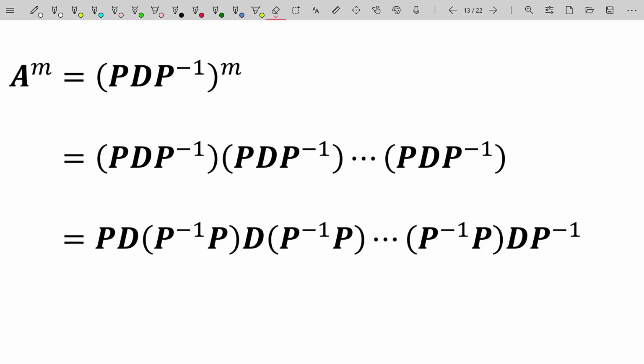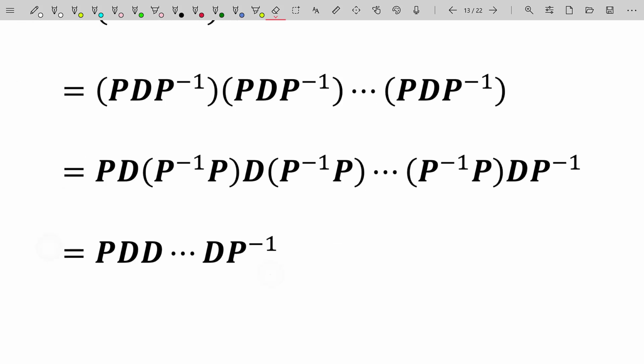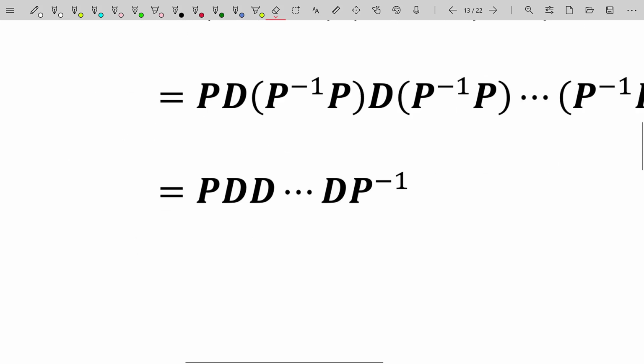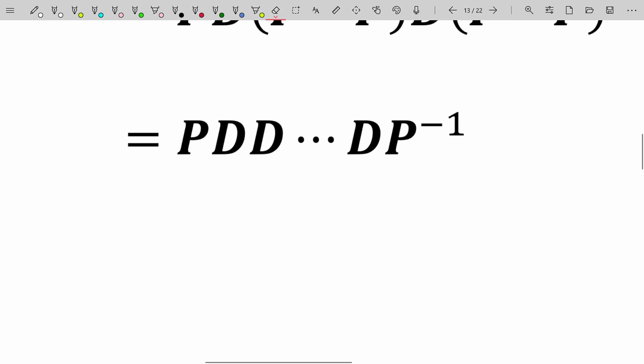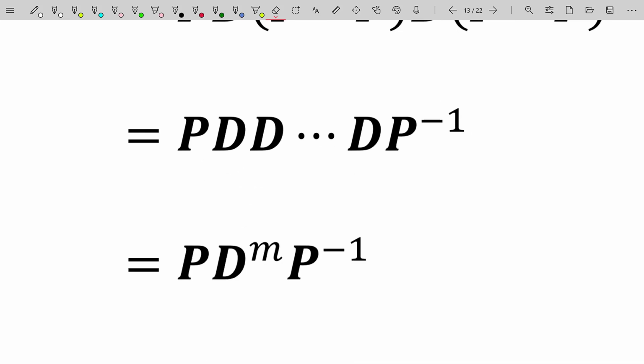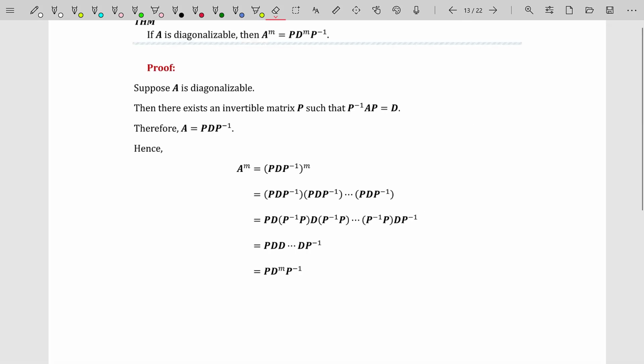Of course, all of those P inverse P's are the identity matrix, and so it compresses down significantly to this. And remember, we had n of those D's, so that will be P, D to the nth, P inverse. And that is the entire proof of that theorem.